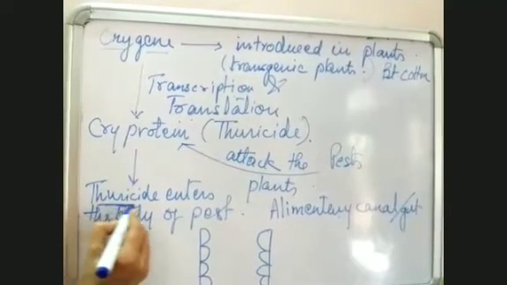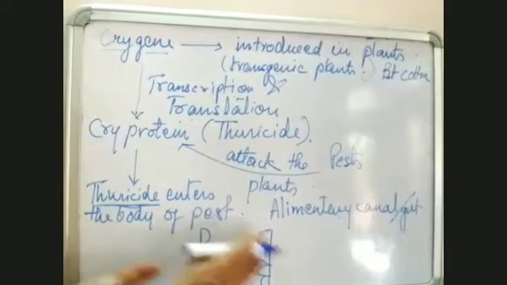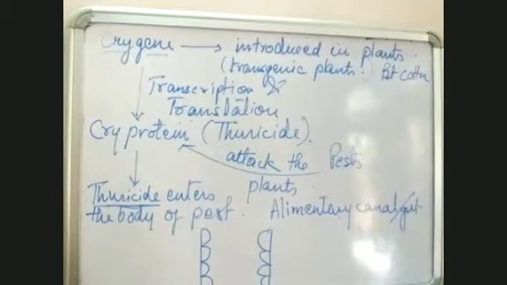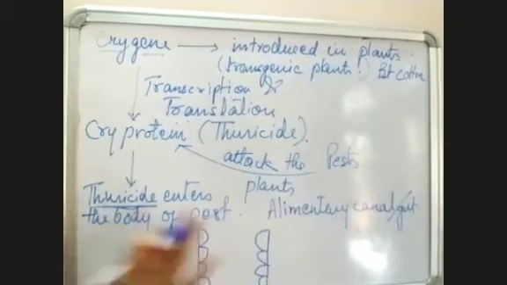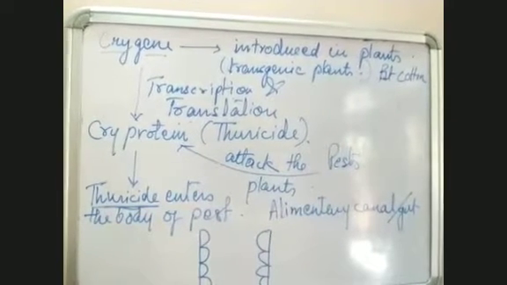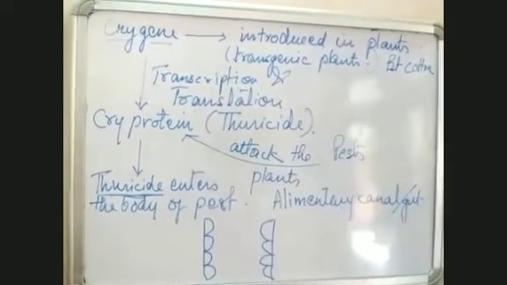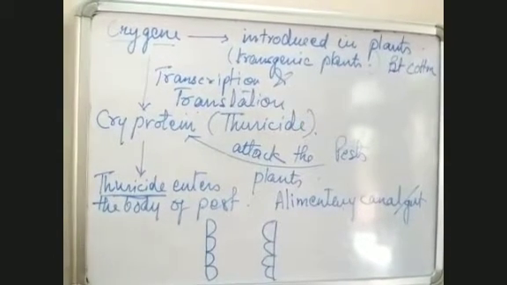So how does this thuricide harm the pest? First of all, in the gut, it becomes activated. When this thuricide reaches the gut, it becomes activated because the gut has an alkaline medium, and in the alkaline medium it gets activated.